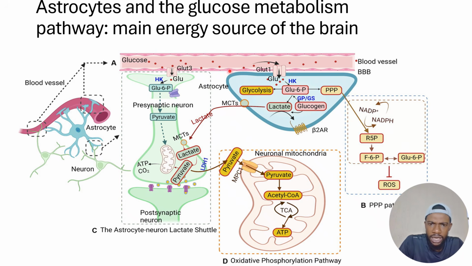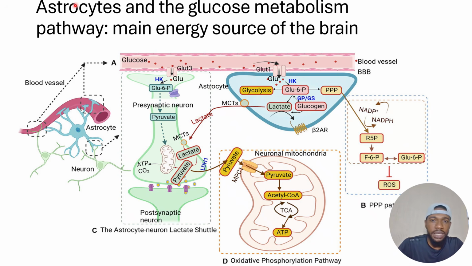We have them here, GLUT3 and GLUT1. Both neurons and astrocytes take up this glucose and then convert it into glucose phosphate using an enzyme called hexokinase.